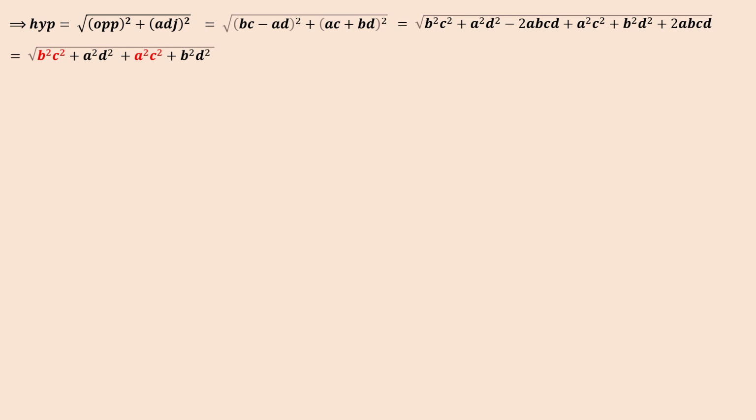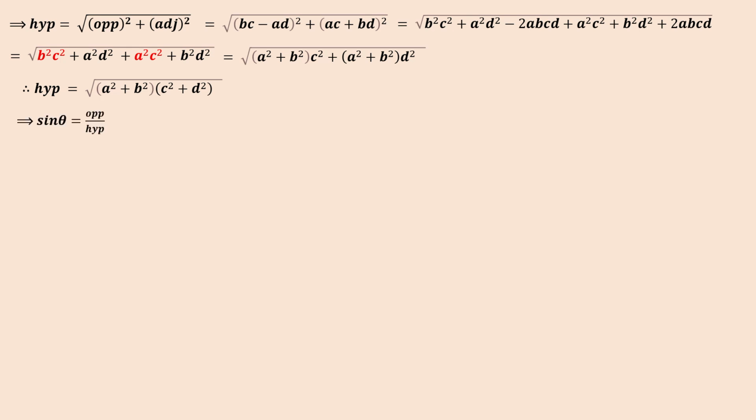We group b square c square plus a square c square, marked in red, and the rest marked as it is in black. c square is common, take it outside from these two, so (a square plus b square) into c square. Then d square is common, take it outside, plus (a square plus b square) into d square. From these two, a square plus b square is common, take it outside, so the hypotenuse is equal to the root of (a square plus b square) into (c square plus d square).